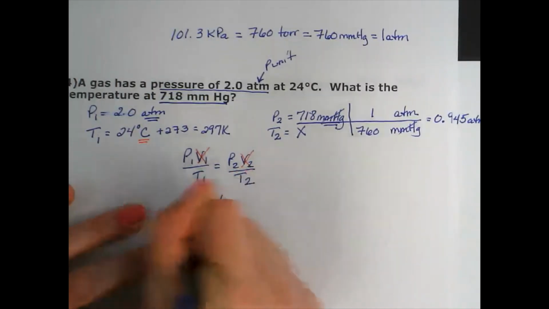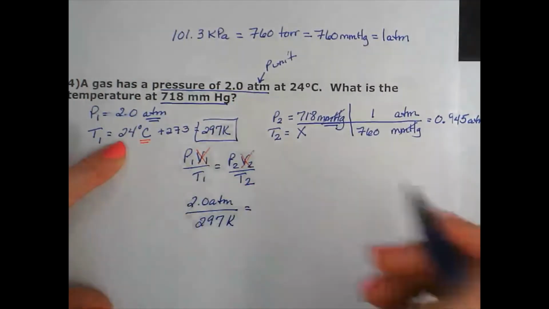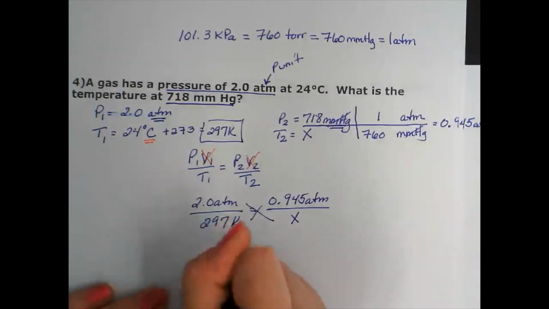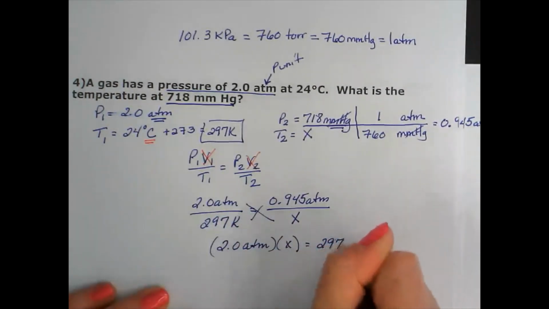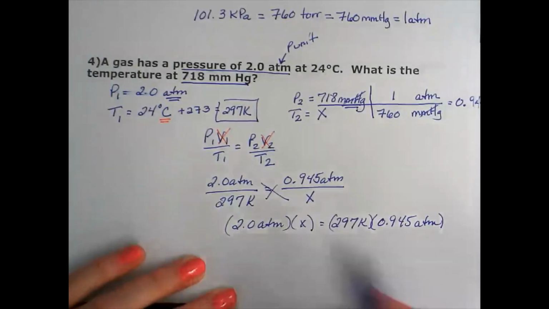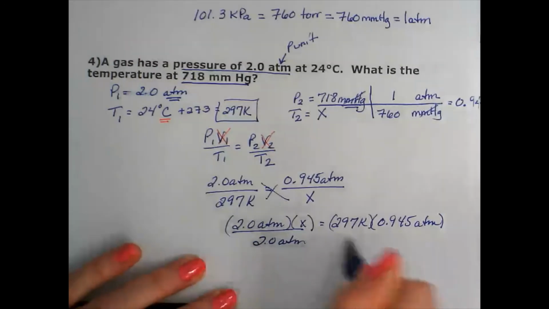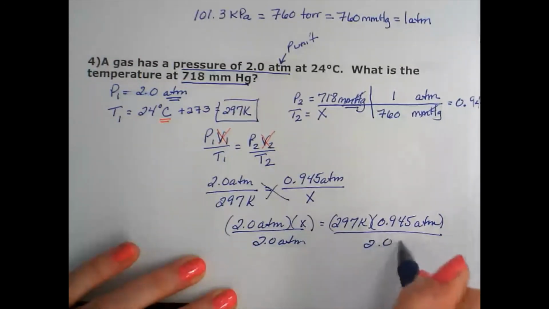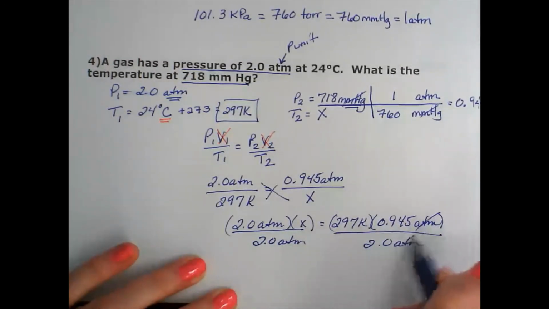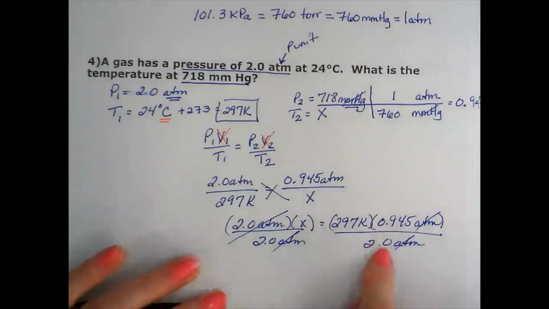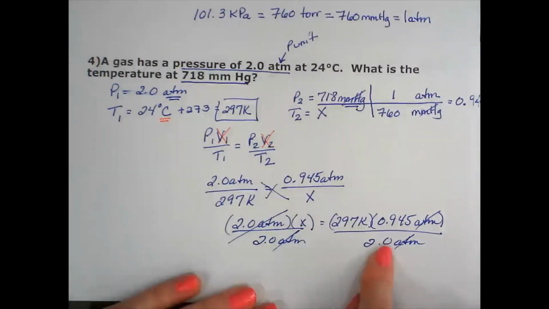So we're going to cross multiply. So now we need to divide both sides by 2.0 ATM. ATM cancels. And we see we need to multiply our numerators, divide by our denominators.